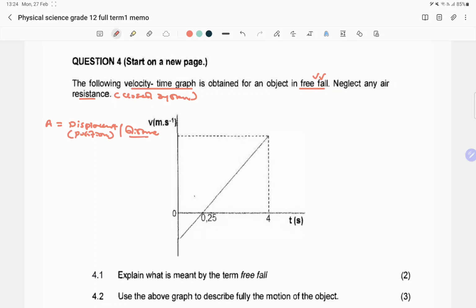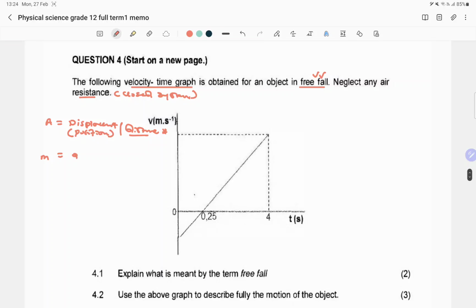But we know that this is not technically just distance, it's displacement. So I'll put an asterisk to that one. And then of course, what about the gradient? The gradient here, we know that it represents acceleration. Usually we use letter M for gradient in maths. So the gradient represents G, which is acceleration, all right?